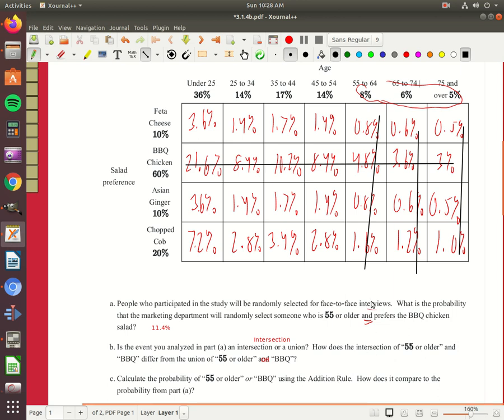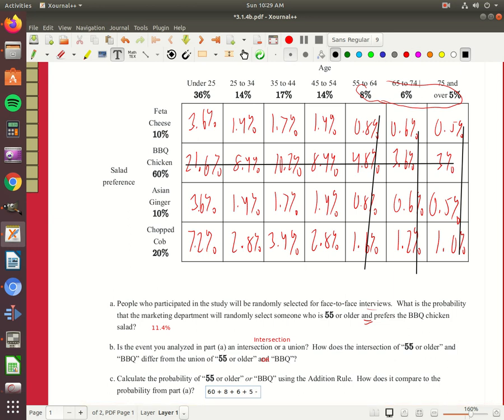The addition rule would basically say this, a nice little shortcut. 60% of the people like barbecue chicken, plus 8% of people are 55 to 64, plus 6% of people are 65 to 74, plus 5% of people are over 75.